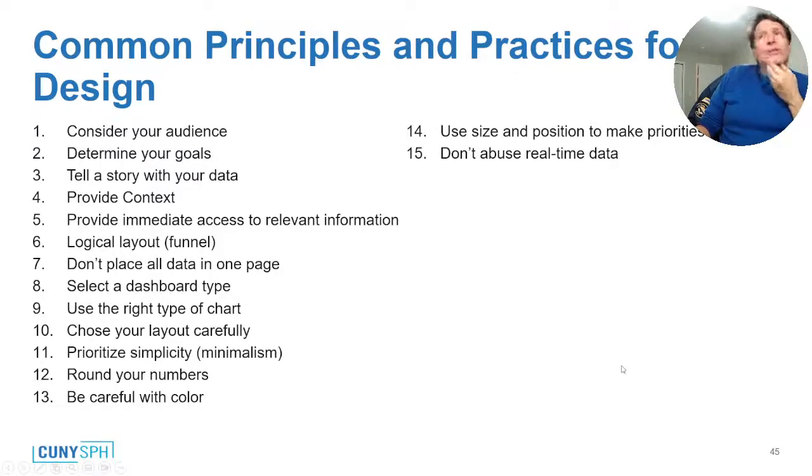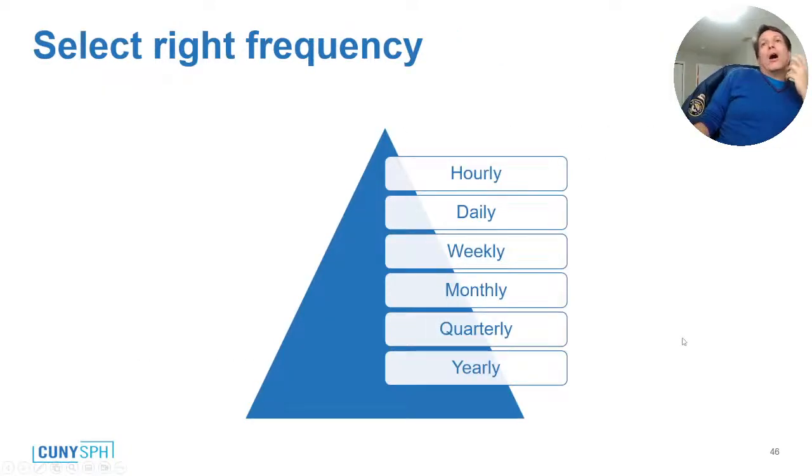Then, don't abuse real-time data or refreshing your visualization. Remember that we need to be clear on the goal, the audience, the type of story, the context we are working in, and the type of dashboard or level of interaction, and that is going to inform the frequency of refreshing the data.